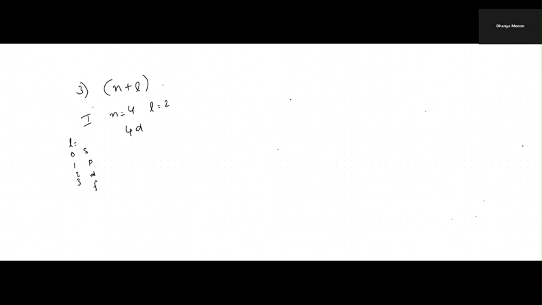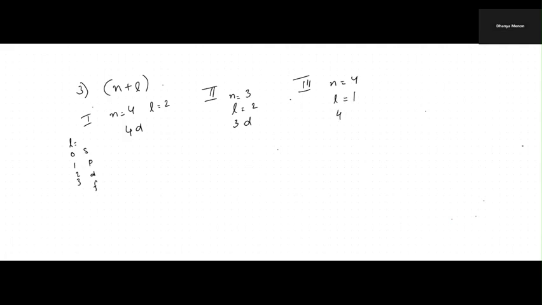In the second one, it is N is equal to 3 and L is equal to 2, that is 3D. Now, third one, we have N is equal to 4 and L is equal to 1. So that is 4P.